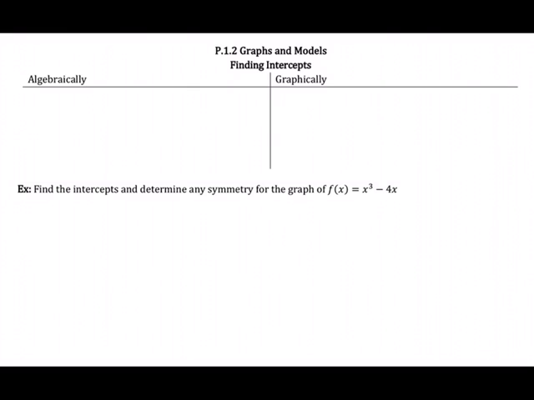How do we find intercepts algebraically? Well, the x-intercept is just the ordered pair when the y value is equal to 0. So the x-intercept is the ordered pair that we get when y equals 0. So we'll have a number, comma, 0. Depending on the type of function, there could be one of those, there could be two of those, there could be 3 or 4 or none.